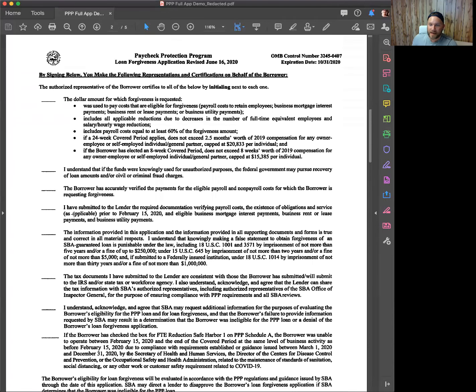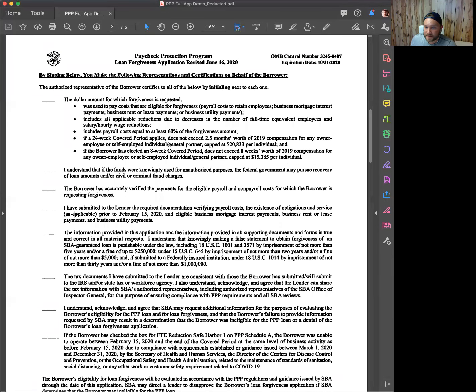Page 2. I'm not going to go into this in a great amount of detail. I'll just point out that when I said that they sneak in that bit about owner compensation, you're going to see here 2.5 months worth of 2019 compensation, or capped at 20,833, right?